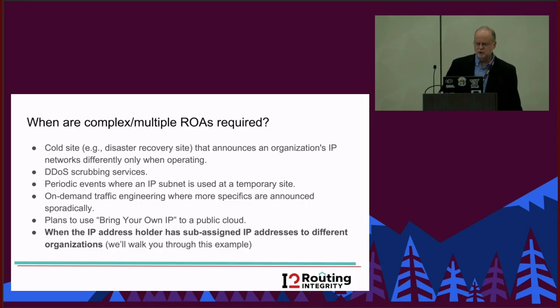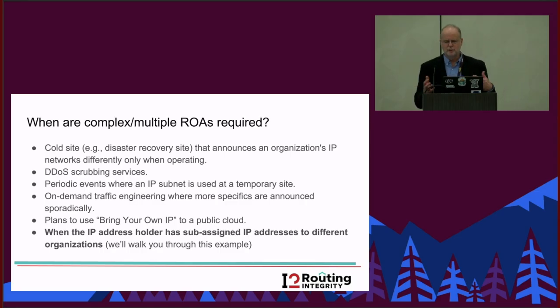So what could make a ROA complex, or why might you need multiple ROAs for a single IP network? Some sites have cold site facilities, in other words, a backup facility, a disaster recovery facility, and they may use their IP address space at that disaster facility, and they may announce that space differently to the internet than they normally do.